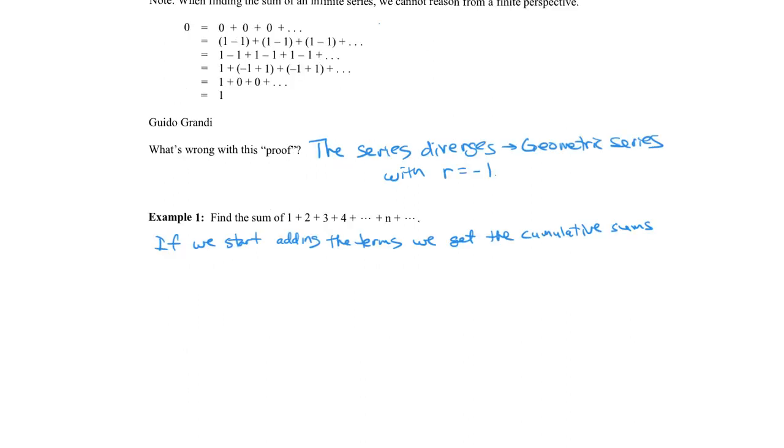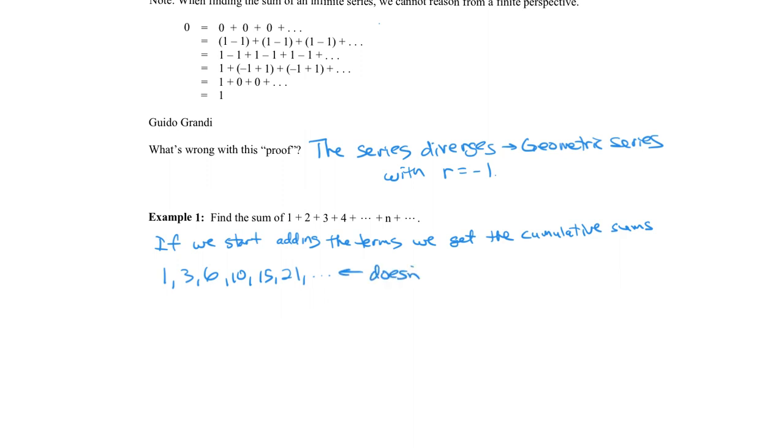If we start adding these up, we get the cumulative sums 1, 3, 6, right? I add the first one, it's just 1. Add the first 2, I get 3. Add the first 3, I get 6. And if you keep going, we'll get 10, 15, 21. It just keeps on going, but you can see this doesn't converge to a number.